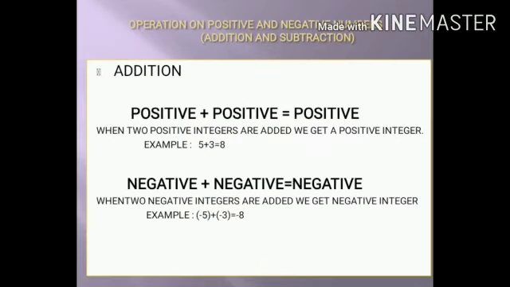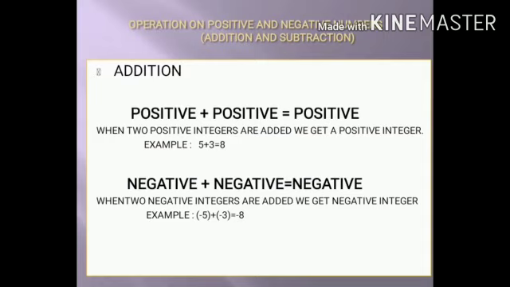Next, operations on positive and negative integers under addition and subtraction. First of all, we can discuss operations on positive and negative integers under addition. When two positive integers are added, we get a positive integer as the result.